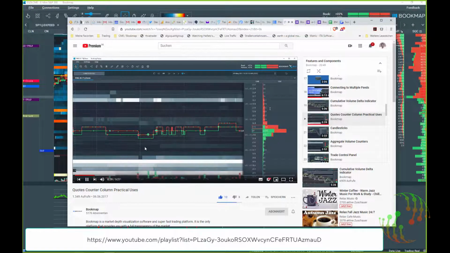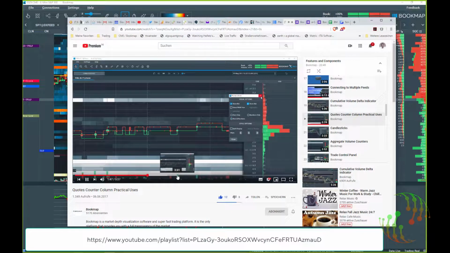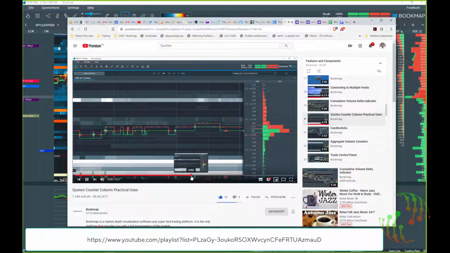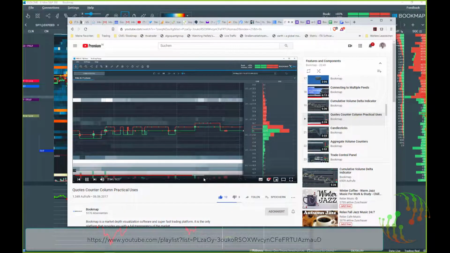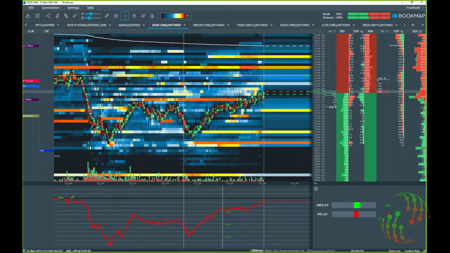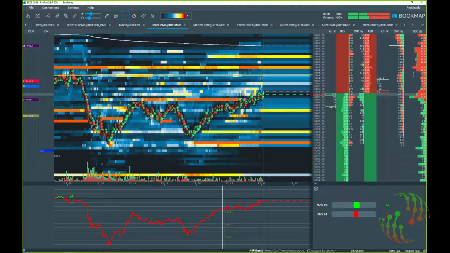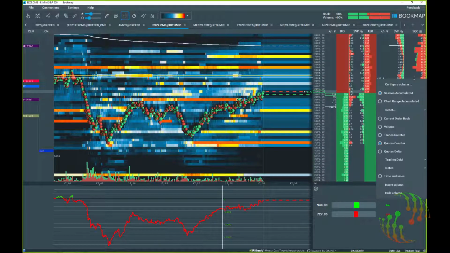This is mainly about how to set it up, but I don't see any useful practical application for my trading in watching the quote center.